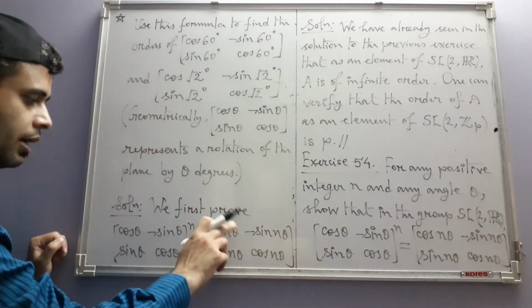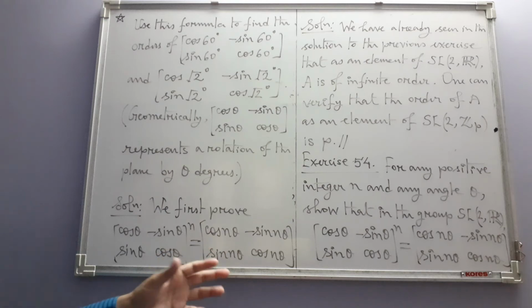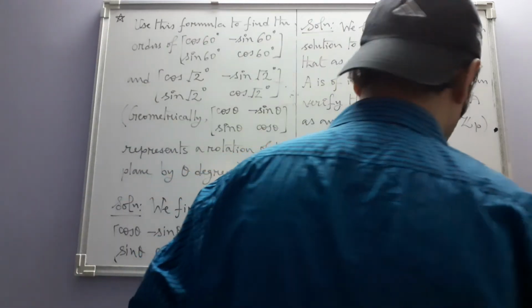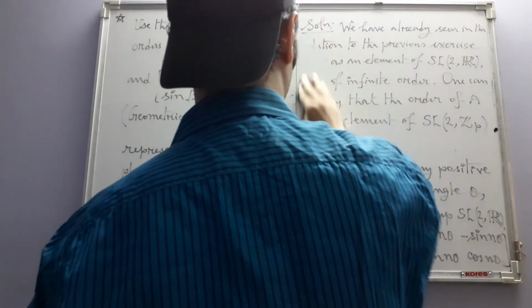This is looking awful. I should have ideally written n theta within brackets, but you can understand what we are trying to say here.